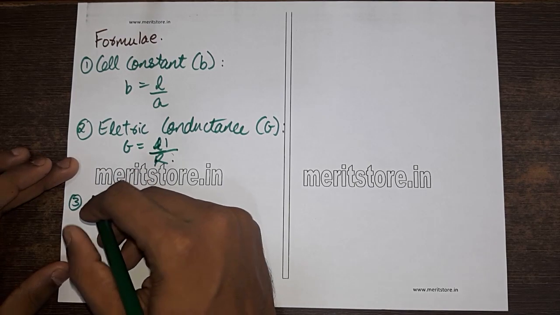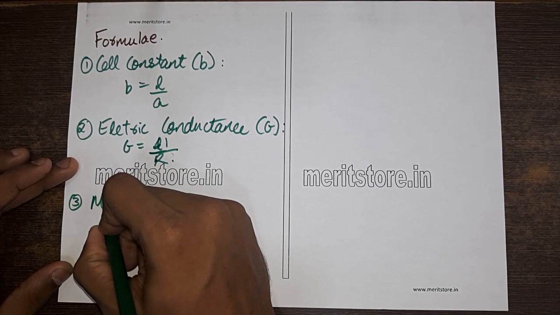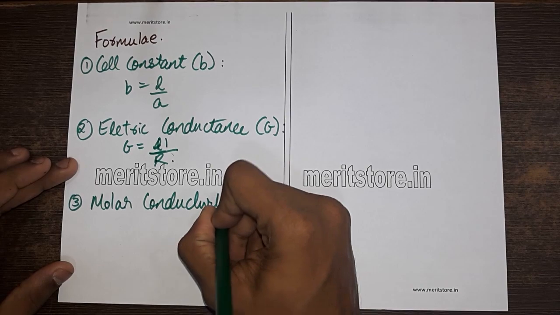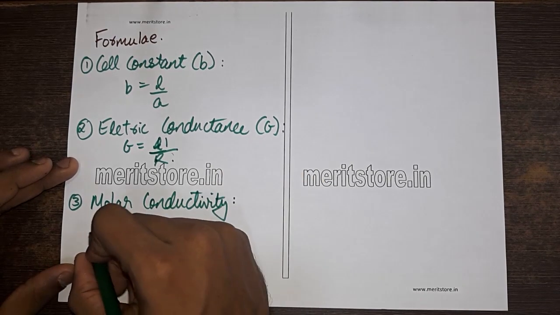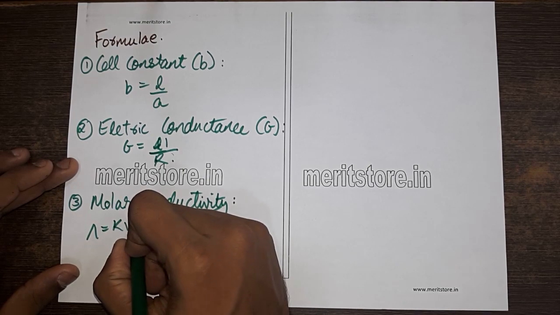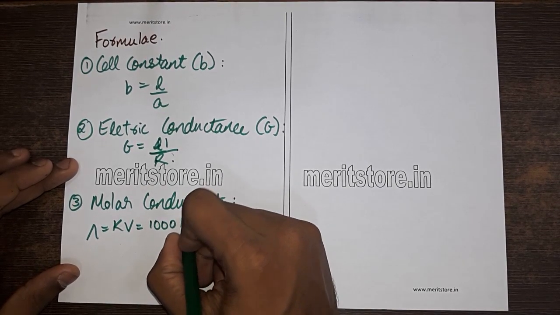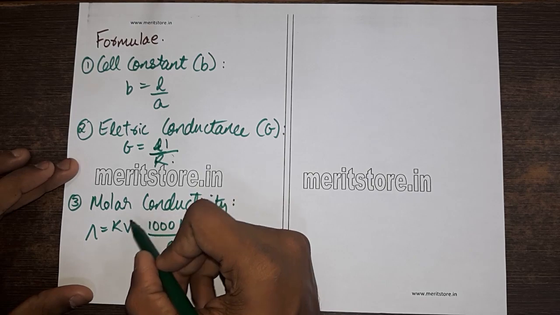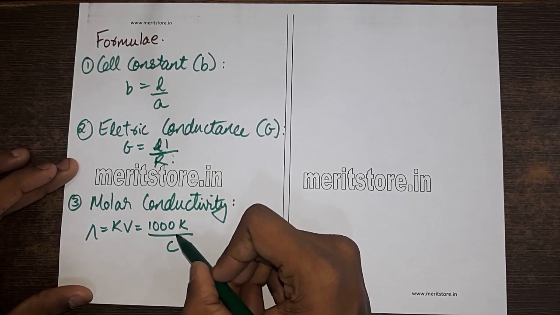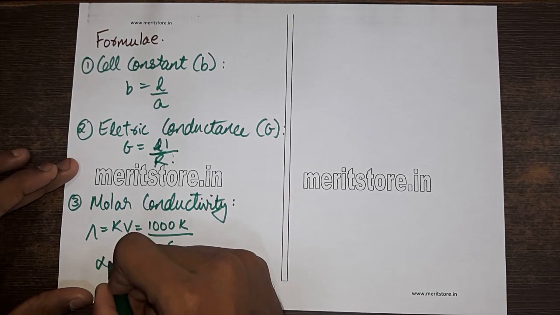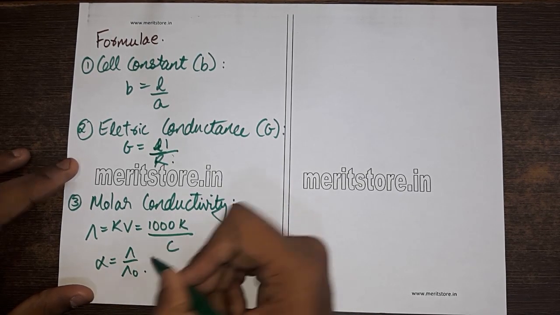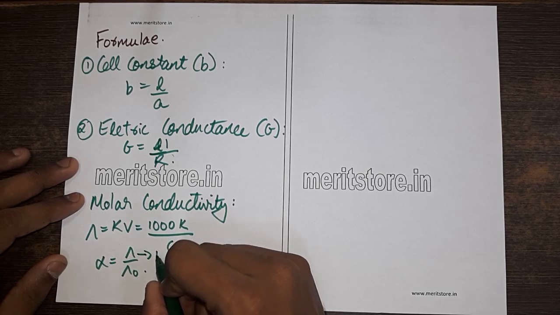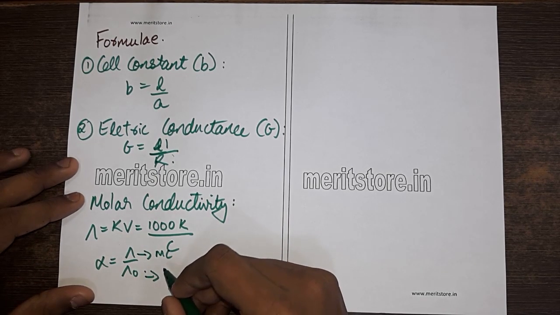The third is molar conductivity. This can be represented by kV or 1000 K by C, where V stands for volume of the solution in centimeter cube, C is the concentration, and alpha is represented by this, where alpha is the degree of dissociation, this is the molar conductivity, and this is the limiting molar conductivity.